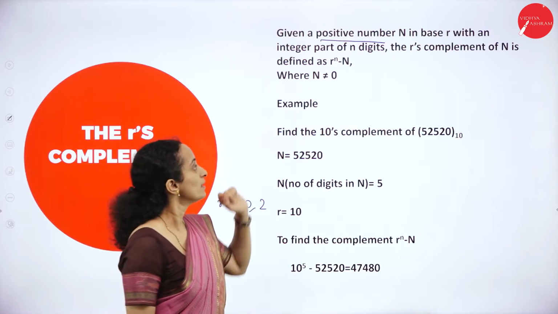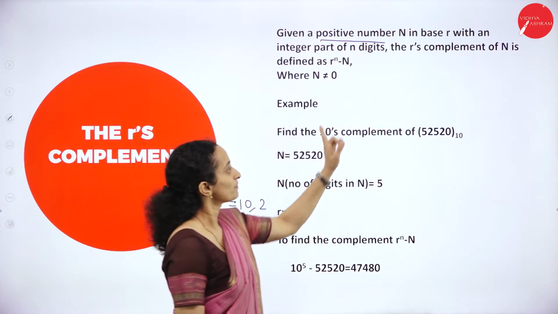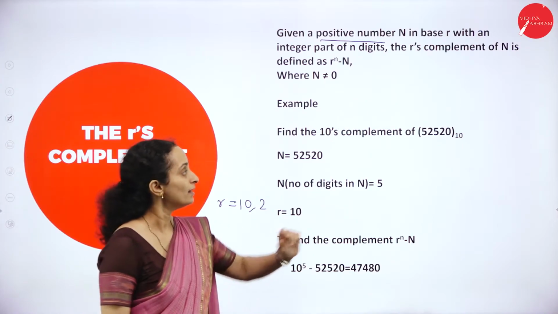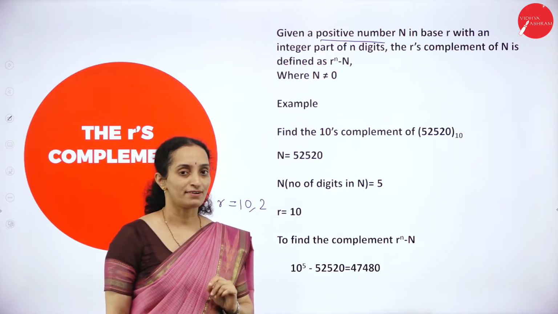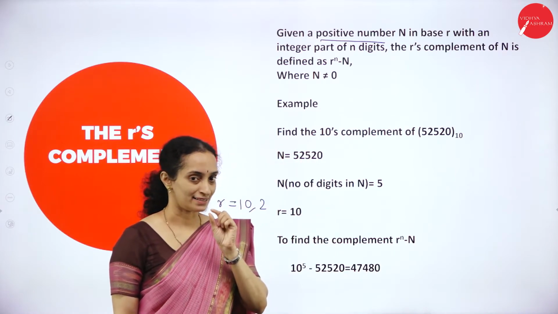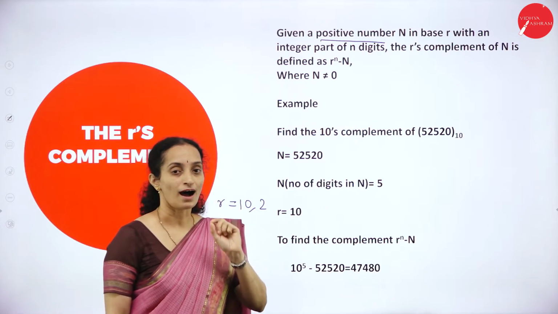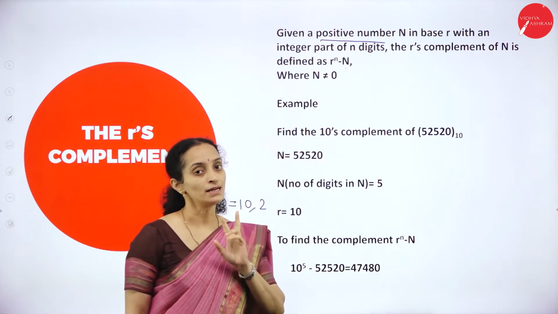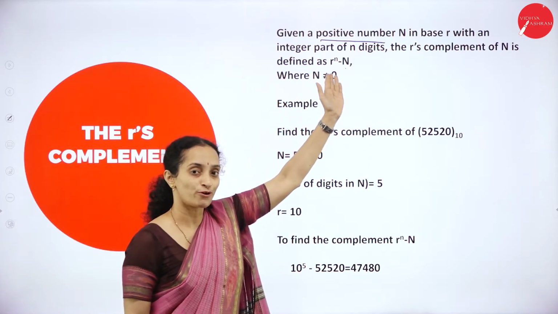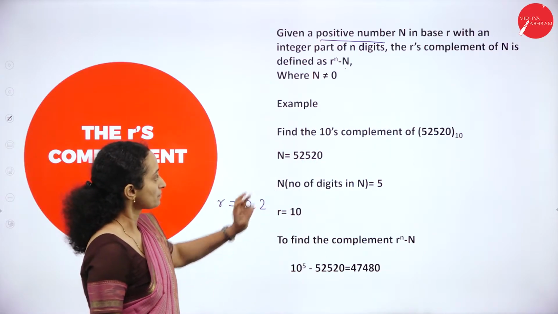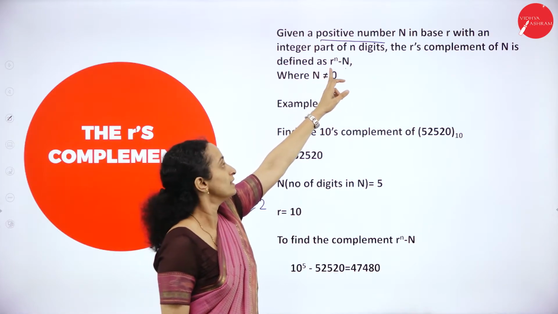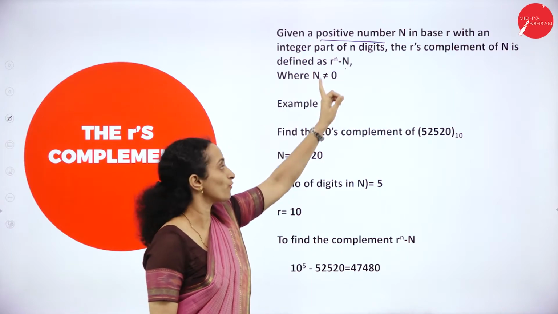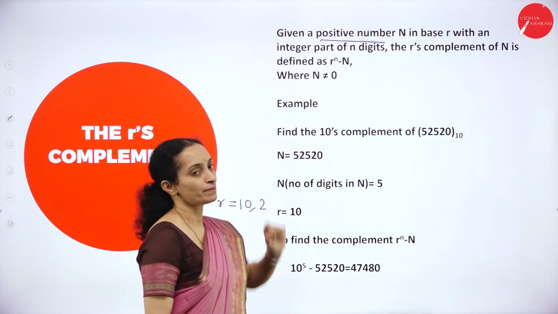The R's complement of N, if it is 10, the 10's complement of a number N, can be defined as R to the power of n minus N, where the uppercase N represents the number, the lowercase n represents the total number of digits in N, and R represents the base.